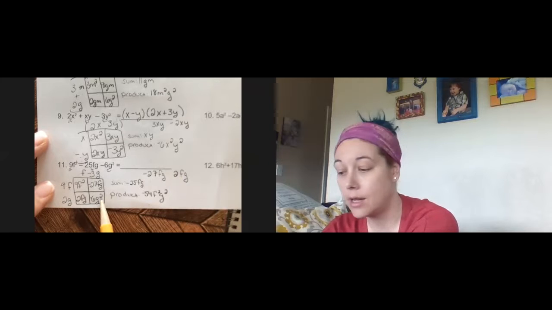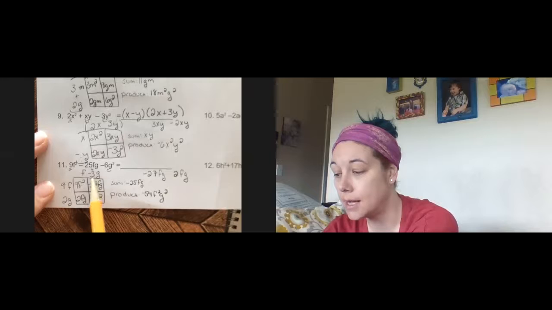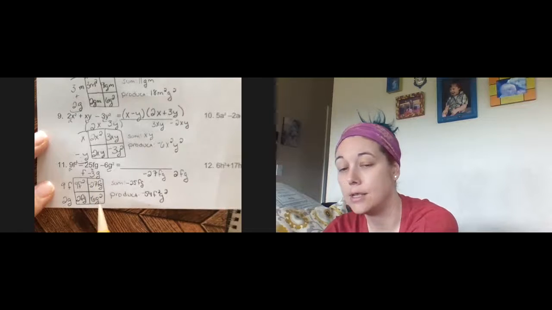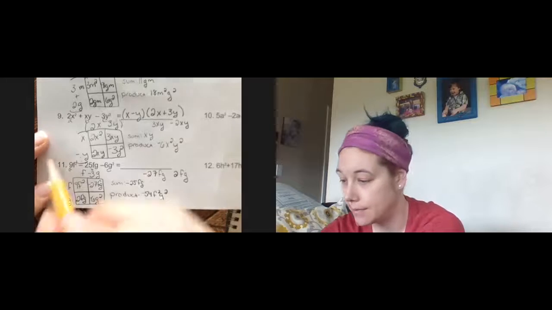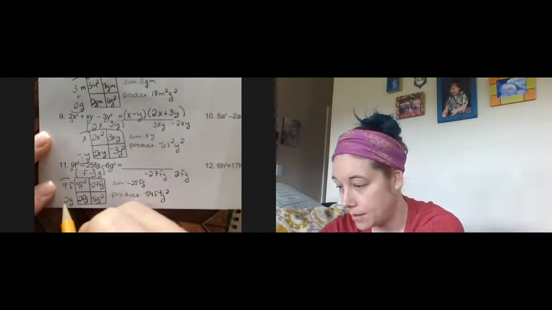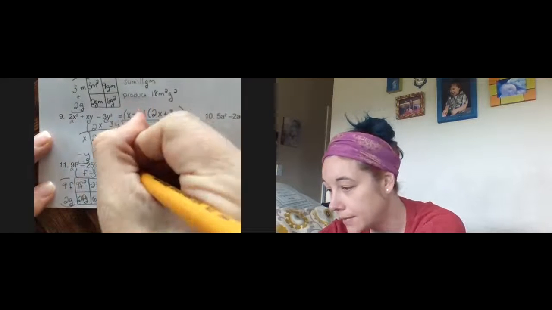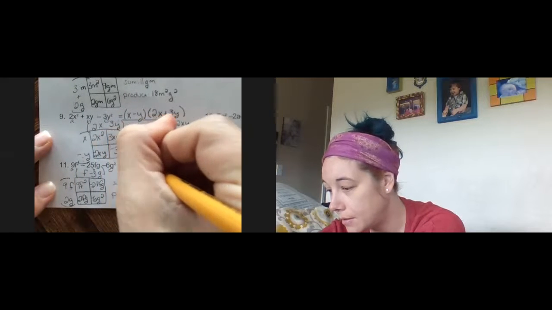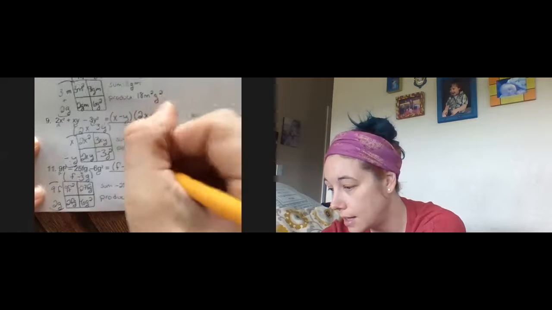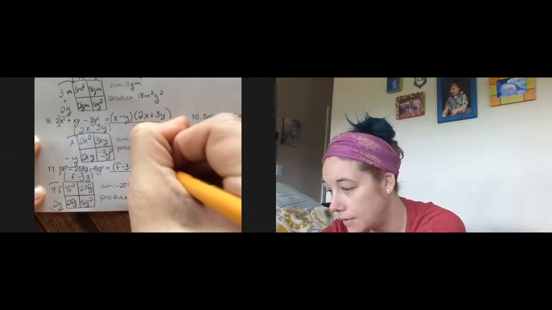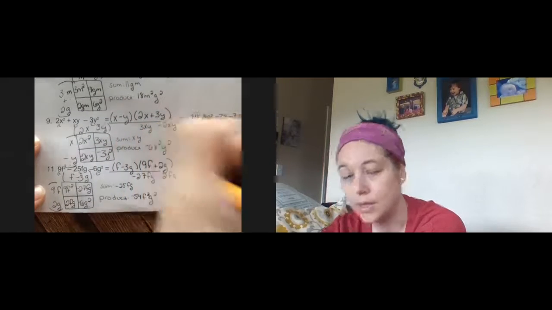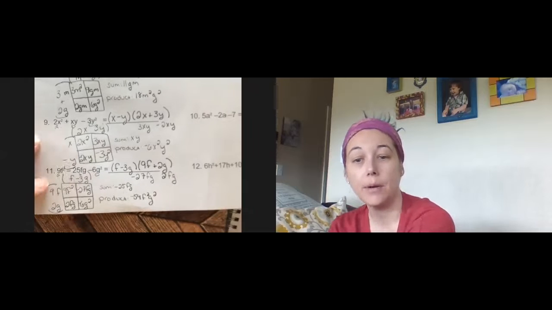So let's check the last box. 2g times negative 3g. 2 times negative 3 is negative 6, and g times g is g squared. We did it. There's my binomials: f minus 3g times 9f plus 2g. Here we go, we did it. Yay.